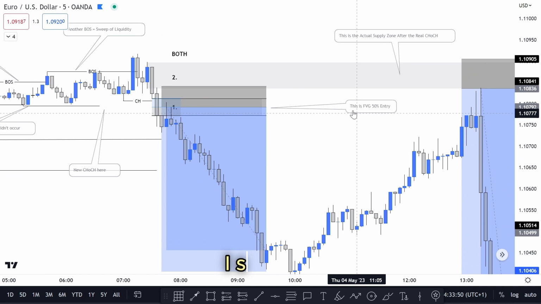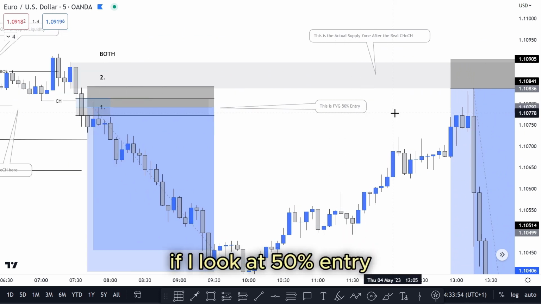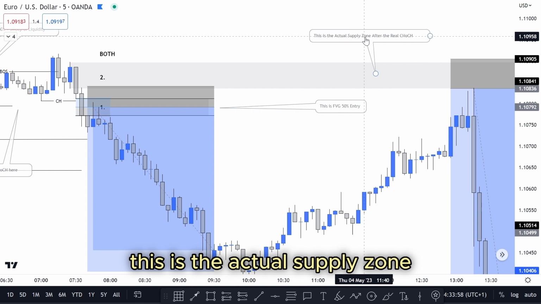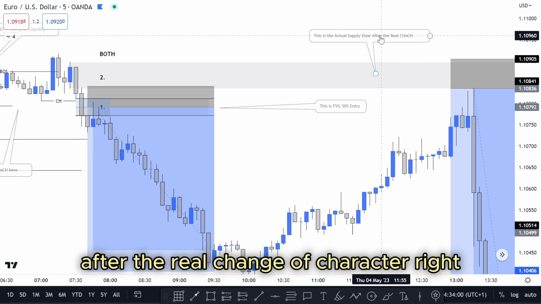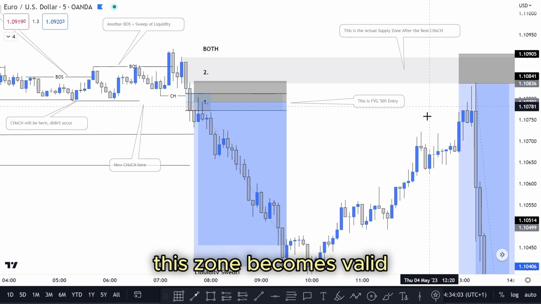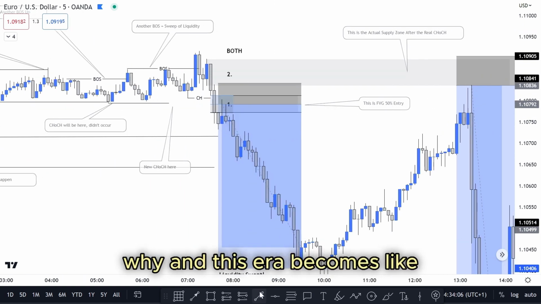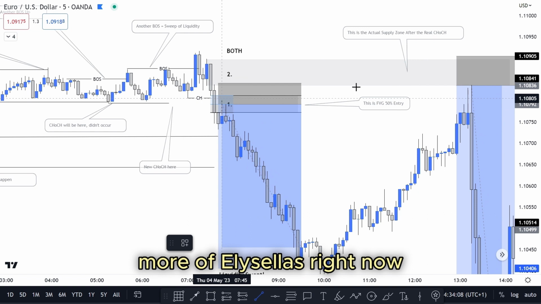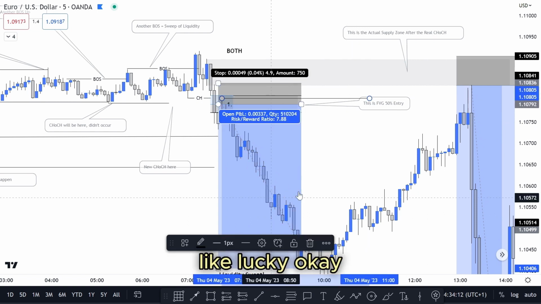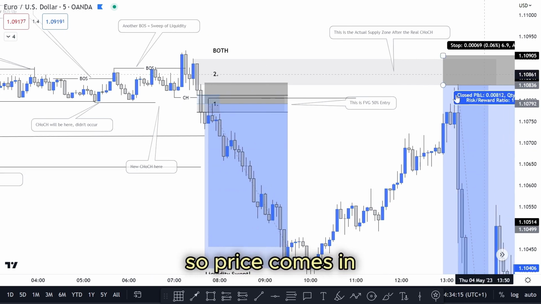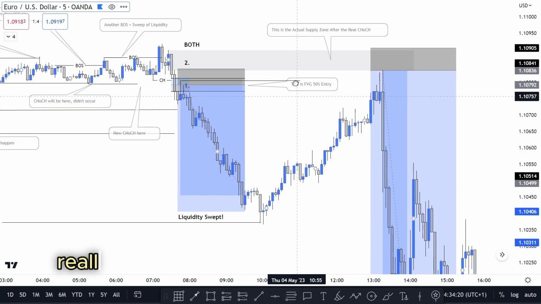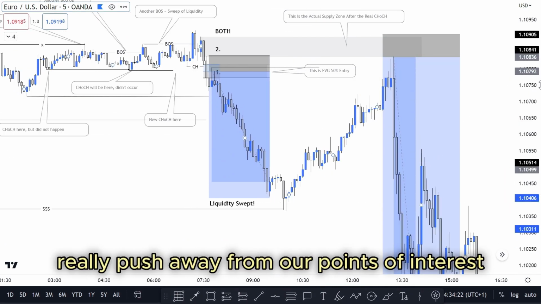Now as you can see, I said this is fair value gap 50% entry, and I also wrote this is the actual supply zone after the real change of character, right? So automatically this zone becomes valid. Why? And this area becomes like more of early sellers. All right, now this time around the early sellers were lucky. Okay, so price comes in, and what happened? There was a massive rally down, a rally push away from our points of interest.